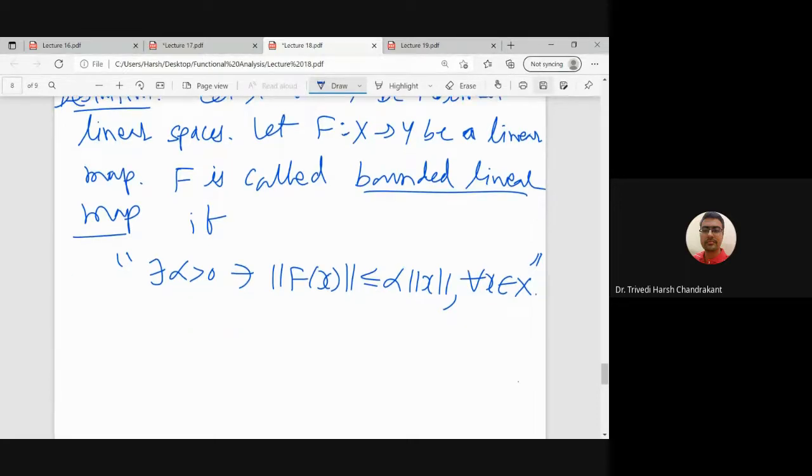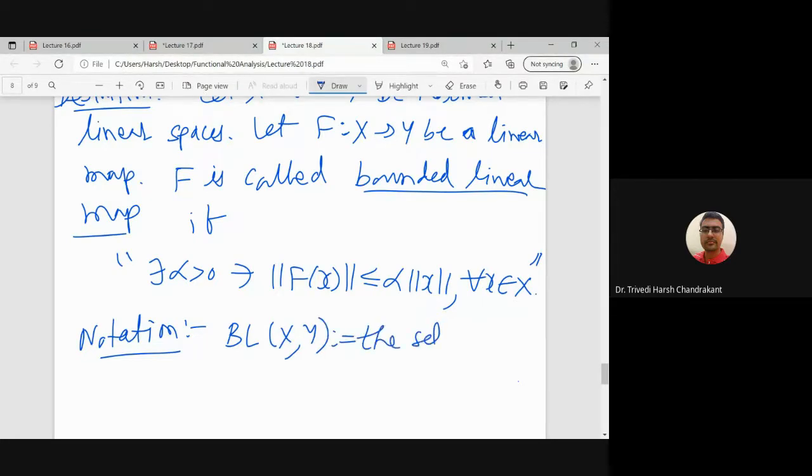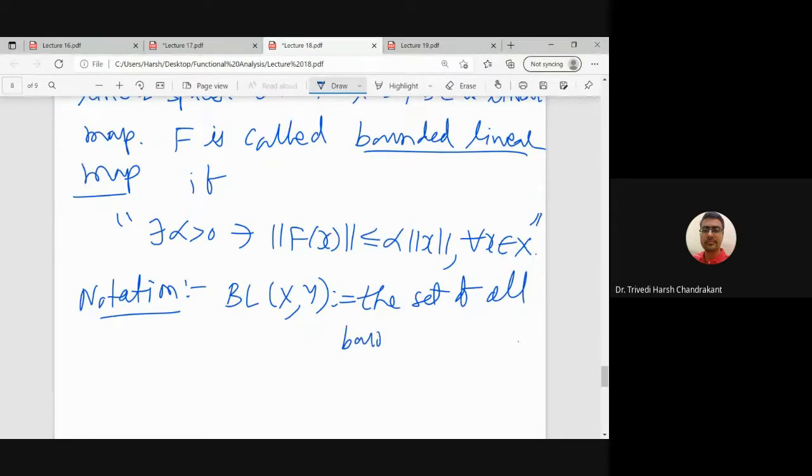So the set of all bounded linear maps we will denote by BL(X, Y). So what is BL(X, Y)? That is the set of all bounded linear maps from x to y.